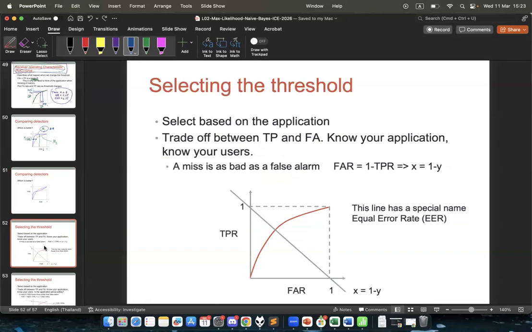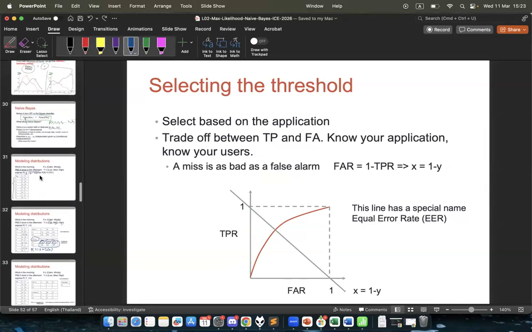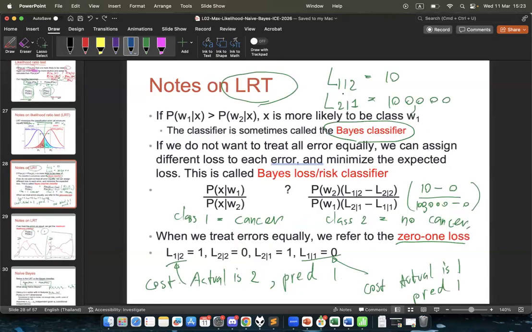That's where our discussion about creating some costs for different types of error comes in. Different types of error have different costs. We can start thinking about costs and errors.